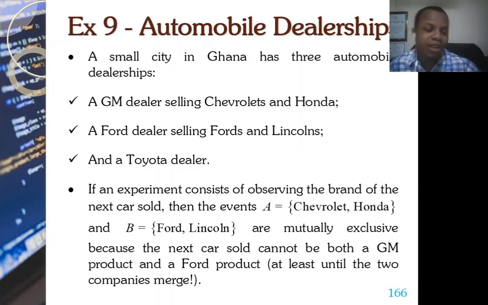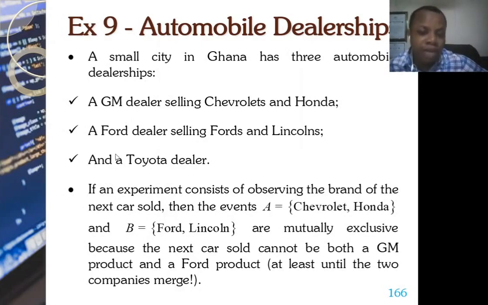Let's take Accra, where we have several dealerships, in this case 3. First, we have GM Motors, who deal mainly in selling Chevrolet and Honda cars. We also have the Ford dealership, who deals mainly in Ford and Lincolns. And finally, we have the Toyota dealership. These are the 3 dealerships that we would like to study.